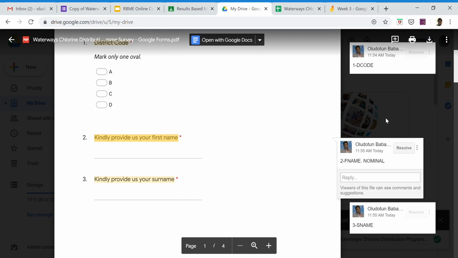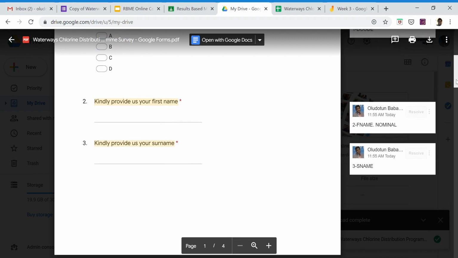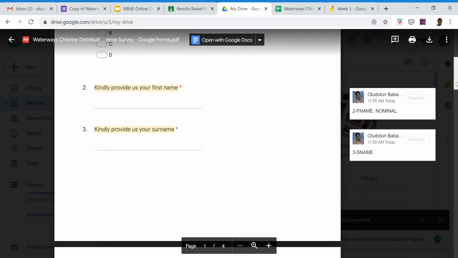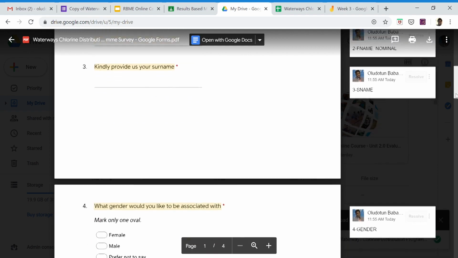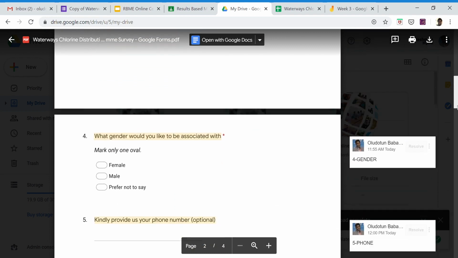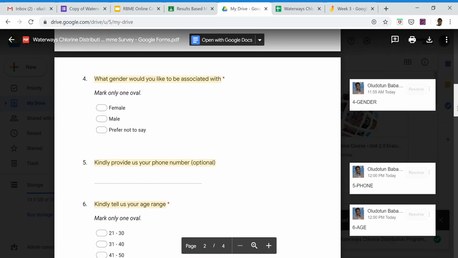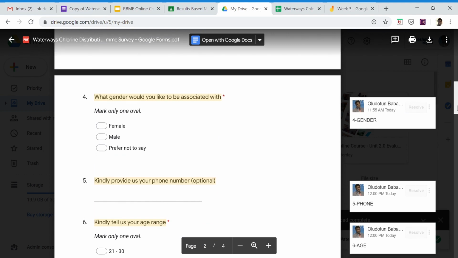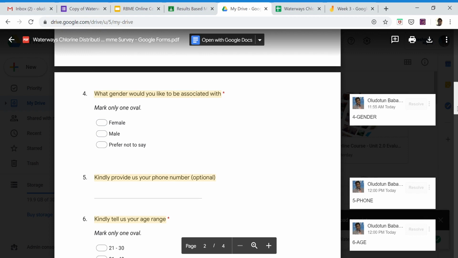So these are always qualitative, and when you think about nominal, just think about name. So it's always in name format. Think about it that way, as that type of data. So yes, nominal. Surname too is going to be nominal. So gender, which is actually categoric, is also descriptive enough.